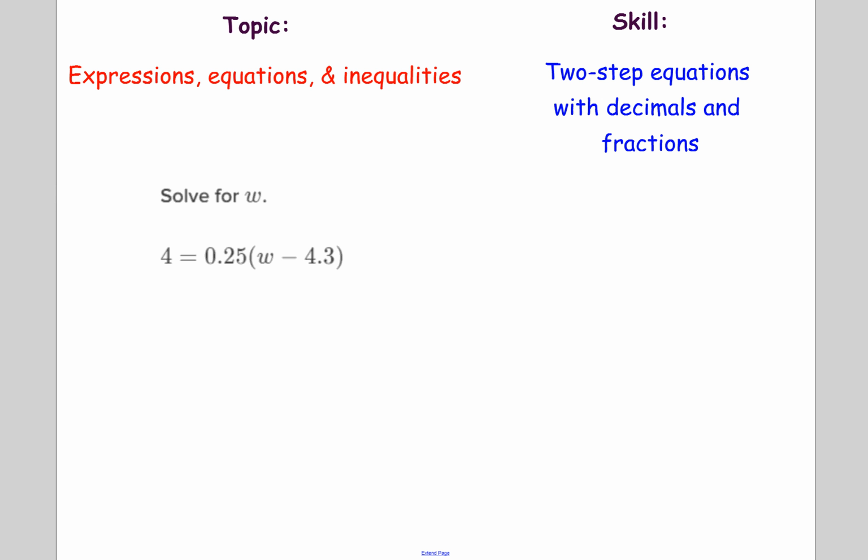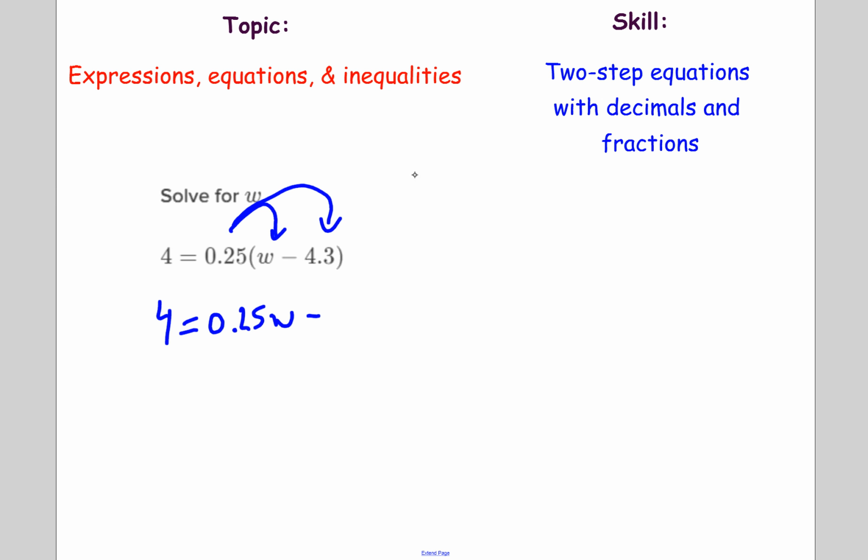All right, this one I have to distribute 0.25 times these two terms. So bring down the 4, equals 0.25 times w is 0.25w. And 0.25 times negative 4.3, that's a positive times a negative, which is a negative.